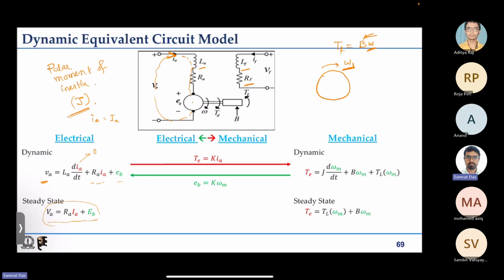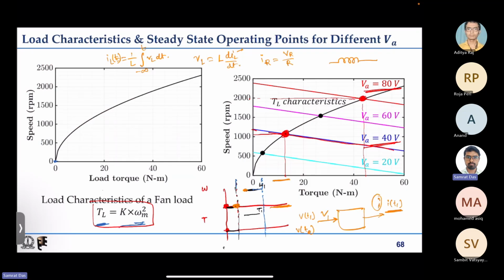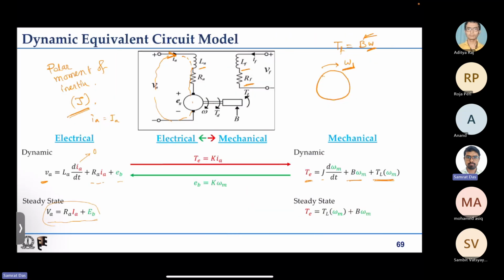Similarly, for the mechanical dynamic equation, the electromagnetic torque has to equal J d omega/dt, the dynamic part, plus B omega, the frictional part, and it also has to overcome the load torque TL, as a function of omega. That is whatever the equation is for T as a function of omega. So this is the load torque.